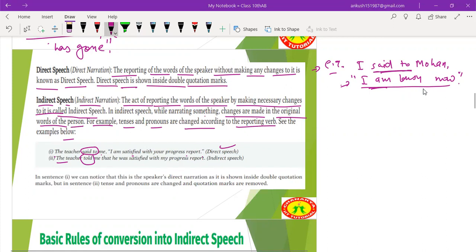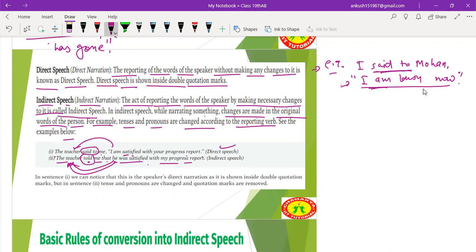So this "said to" is being transformed. Sorry, it is written as "told" here. The teacher told me that he was satisfied with my progress report. Who was satisfied? The teacher was satisfied. The pronoun "he" is used for the teacher. Here the first person "I" was used because the teacher said these words.